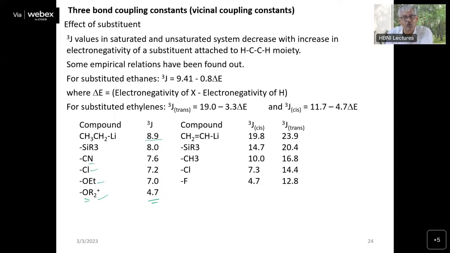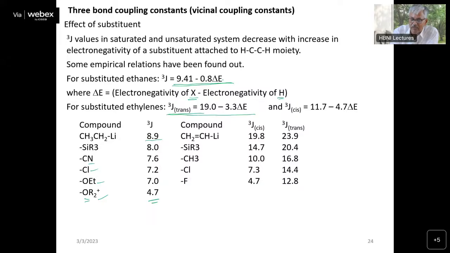Same thing is true also in case of alkenes. And there is a good relation given. In case of saturated compounds, 3J is 9.41 minus 0.8 into delta E. Delta E is the electronegativity difference between the substituent and the electronegativity of hydrogen.